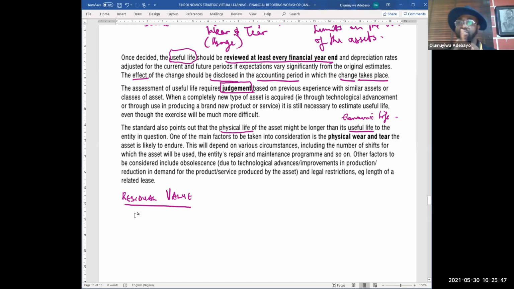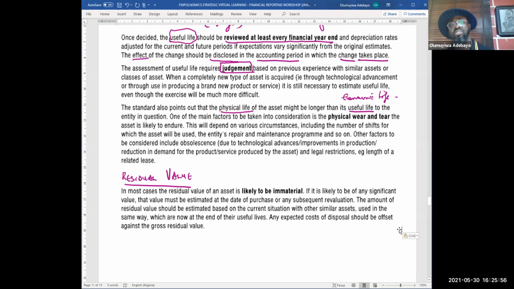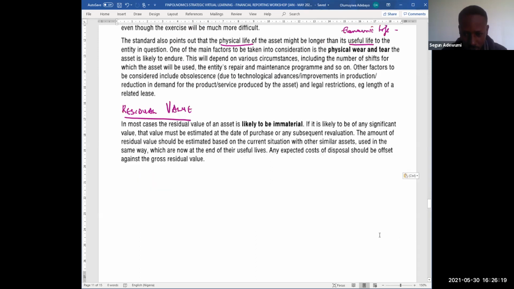Alternative to residual value is what we call the scrap value or disposable value after the economic life of an asset. Now let's look at this. What does this speak to us? Okay, residual value. In most cases, the residual value of an asset is likely to be immaterial. If it is likely to be of any significant value, the value must be estimated at the date of purchase or any subsequent revaluation.